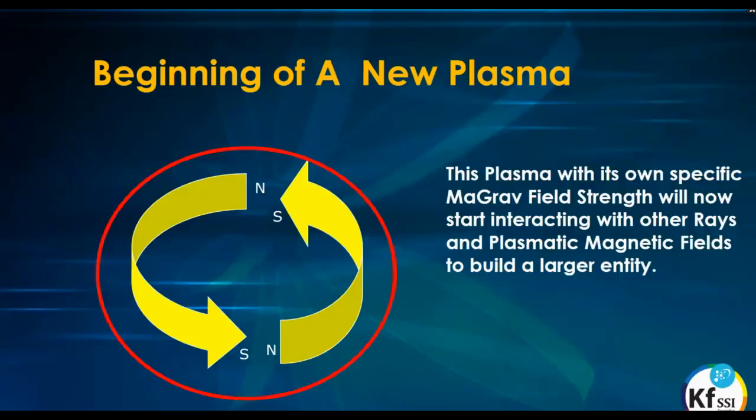So now this plasma with its own specific magnetical gravitational field strength will start interacting with other rays and plasmatic magnetic fields to build a larger entity. It's more interaction of these fields.